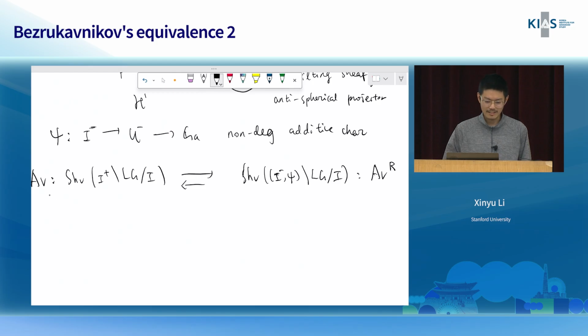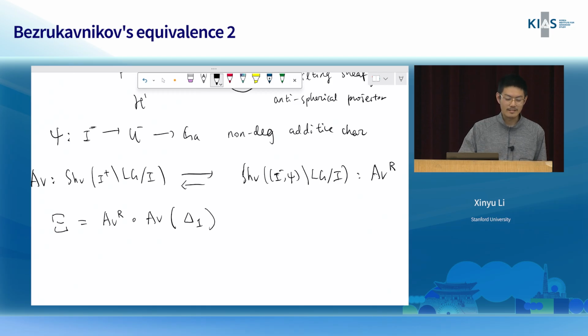And so this object is usually defined by applying this functor and then applying this right adjoint again to the unit object that was denoted by delta 1 yesterday in Dongyu's lecture.